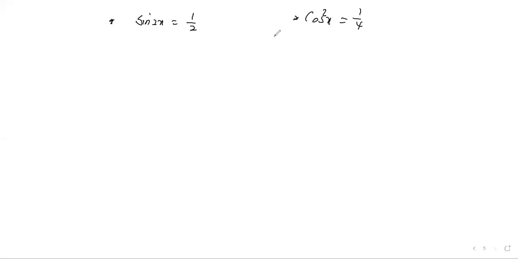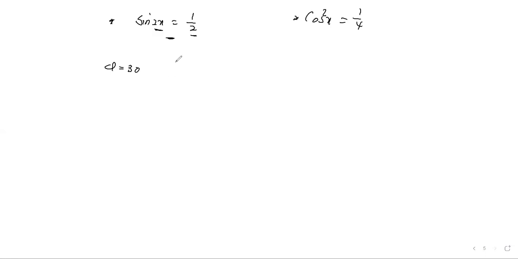The idea is maybe you are solving some things and then you arrive at this, or they ask you such a thing directly. They want you to find the values of x that, when you put them here, give us half in sine. What we know is that in the first quadrant, there is an angle that gives half in sine, and the angle is 30.